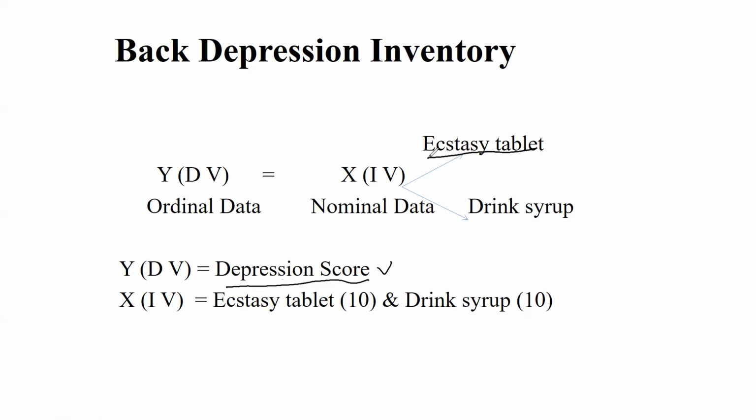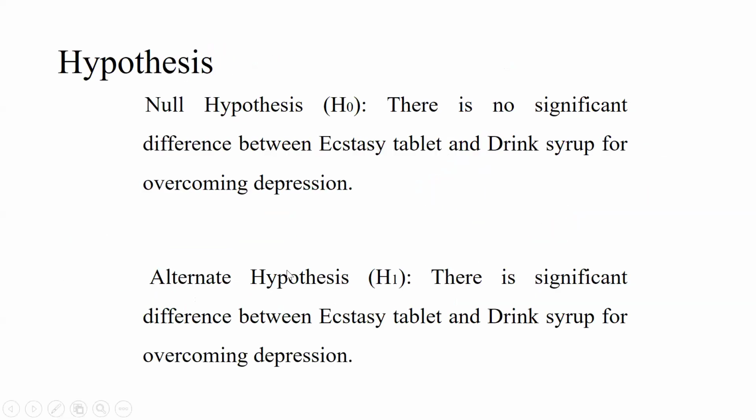The doctor is giving an ecstasy tablet to one group of patients and syrup to another group, and the doctor wants to know whether syrup is more effective than the tablet or not. So there are two categories. The null hypothesis.